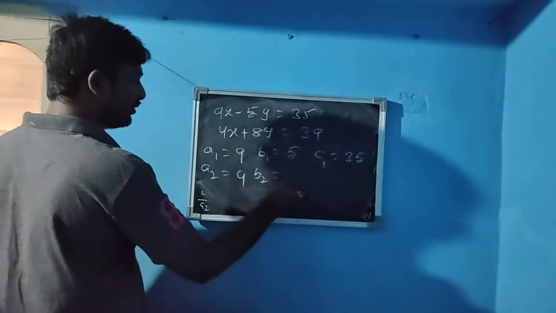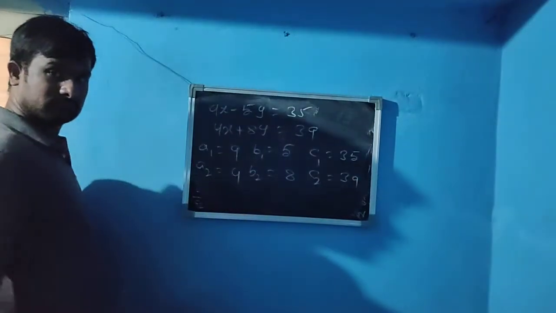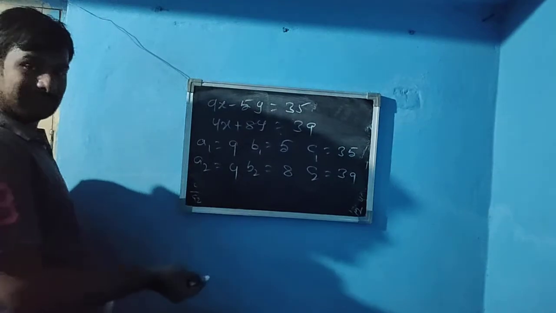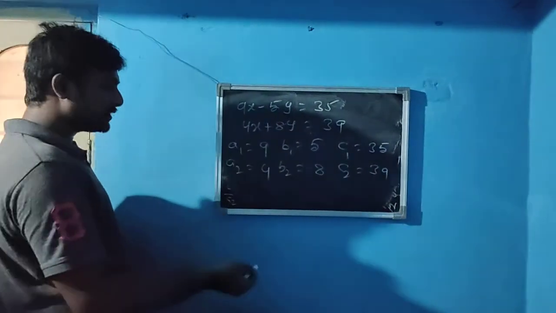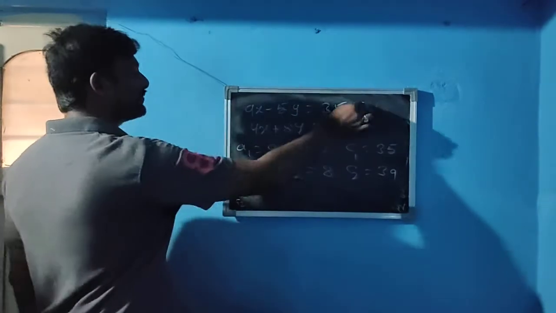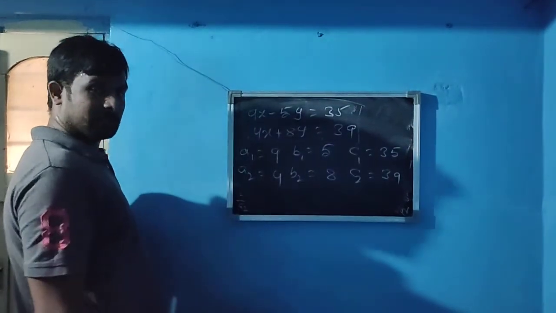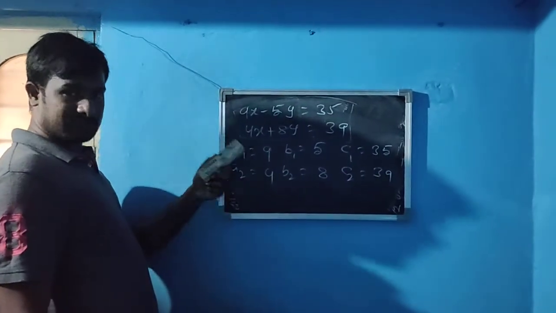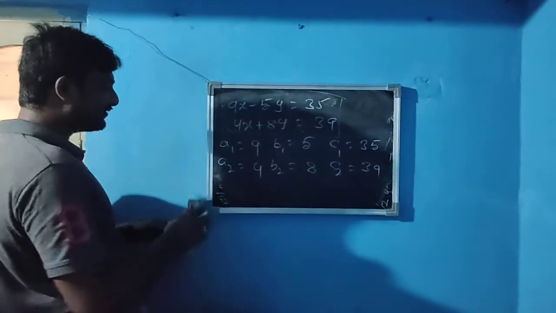And B2 is equal to 8. And C2 is equal to 39. See, this is how to write the A1, B1, C1 and A2, B2, C2 values from the above pair of linear equations. So this is most important, how to write these values.